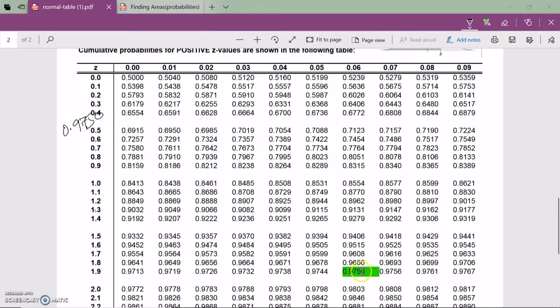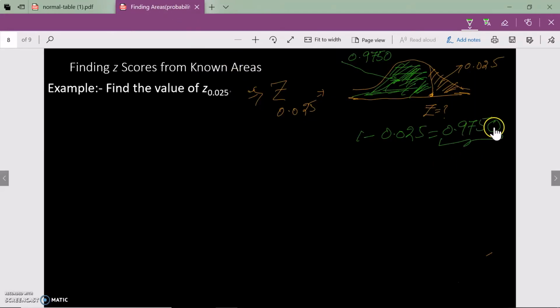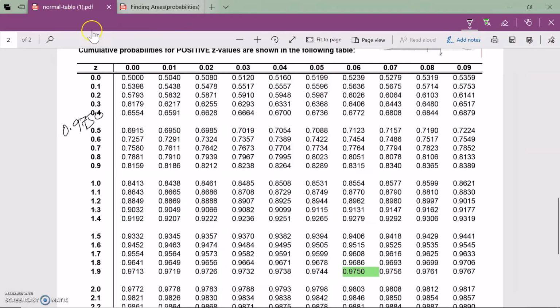We try to find the closest entry in the body of the table. I repeat, we were looking for this value 0.9750. We went to this table and we found this value in the body of the table, and luckily we were able to find the exact entry we were looking for. If we don't find the exact entry, we try to find the nearest entry, but in this case we were lucky.